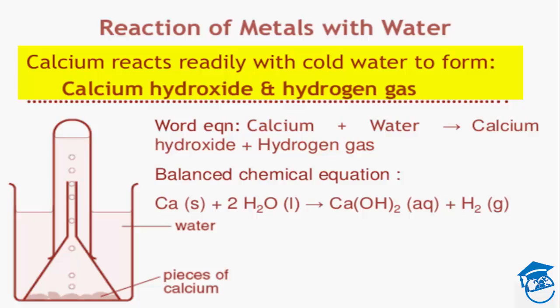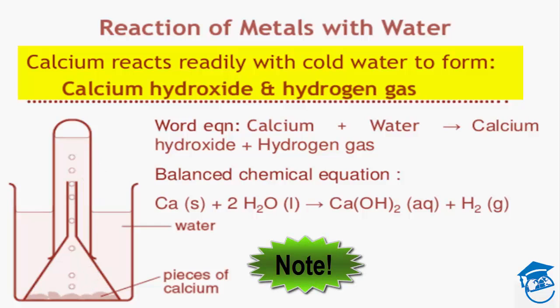When a small piece of calcium is added to water, it sinks to the bottom of the water and colorless gas bubbles evolve at a moderate rate. As compared to potassium and sodium, this experiment is safe enough to capture the gas produced, which gives a pop sound with a burning splint, indicating hydrogen gas.